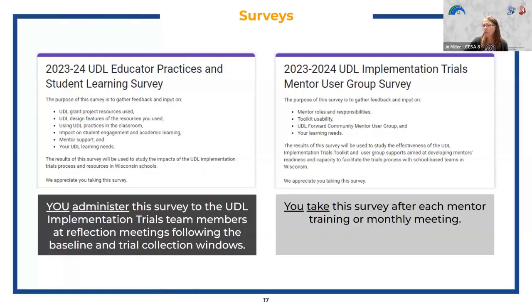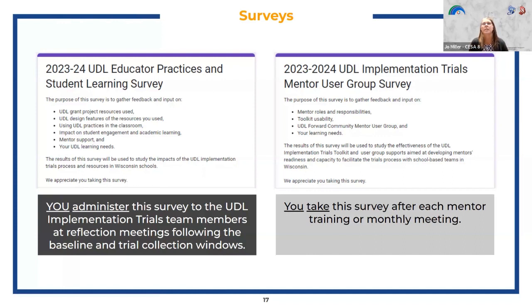And then finally, the two surveys that we're asking you to work with us on are the Educator Practice and Student Learning Survey, which you will administer to the UDL implementation trial team members at the reflection meetings following the baseline and all of the trial collection windows.